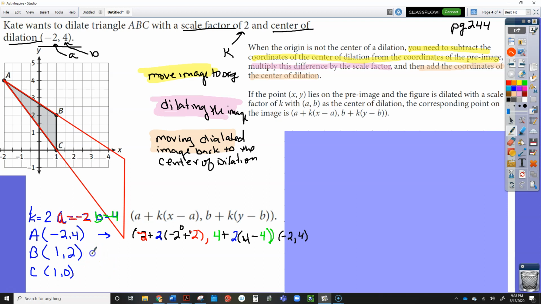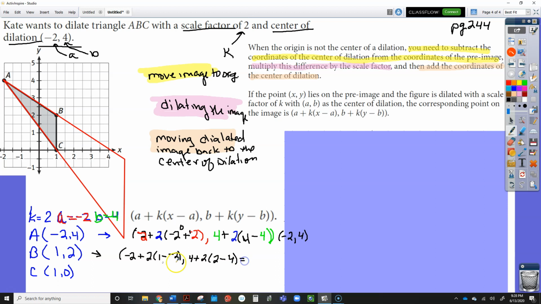Now, you do that same process. I'm going to speed it up because I'm already 18 minutes in. I'm going to speed it up and not do colors and just say A is -2 plus K is 2, X is 1, minus A is -2, comma, and then B is 4 plus K is 2, Y is 2, minus B is 4.